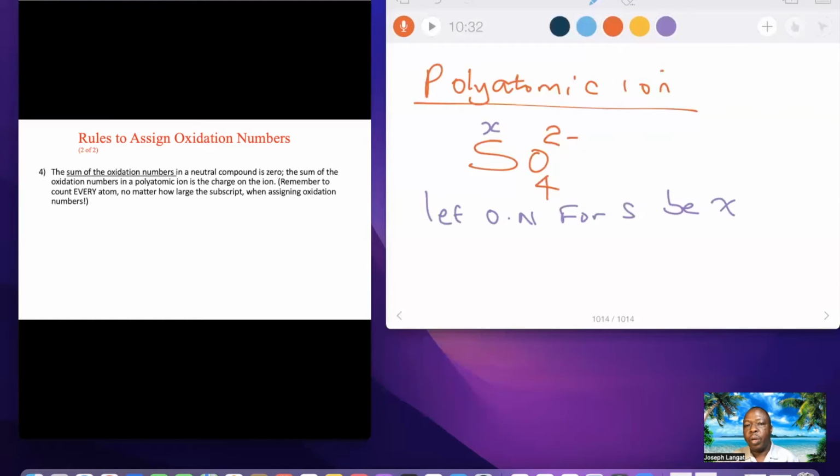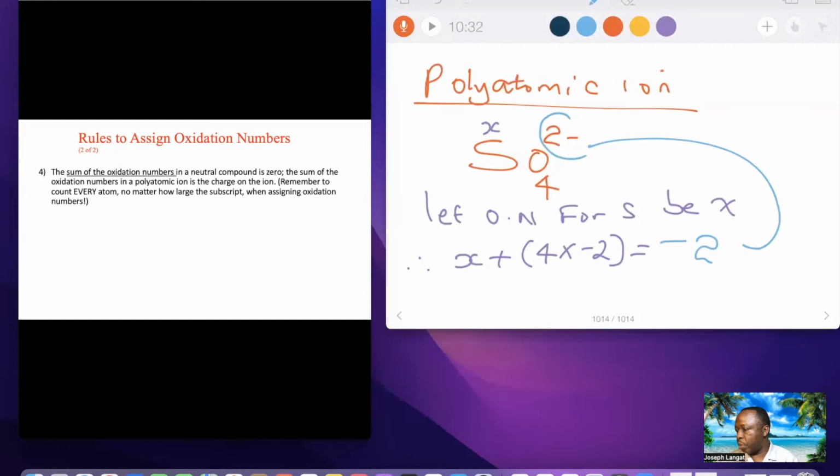Therefore, each oxygen has an oxidation state of -2. So X for sulfur plus 4 oxygens times -2 for each oxygen equals -2. The -2 is coming from the overall charge.